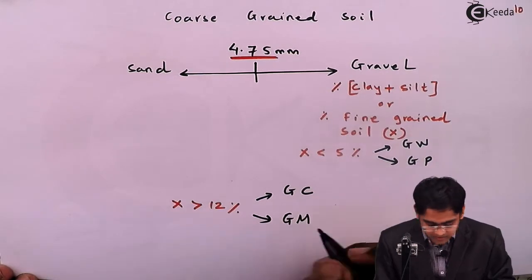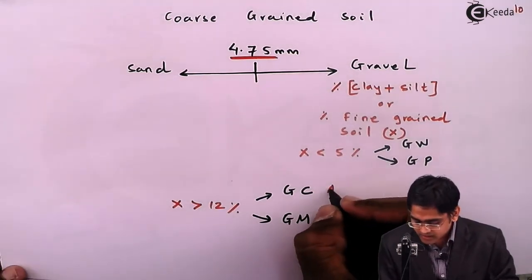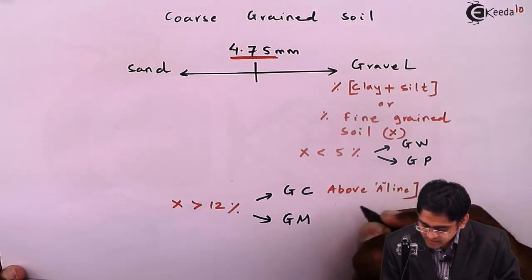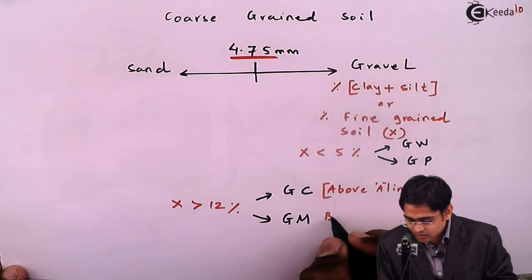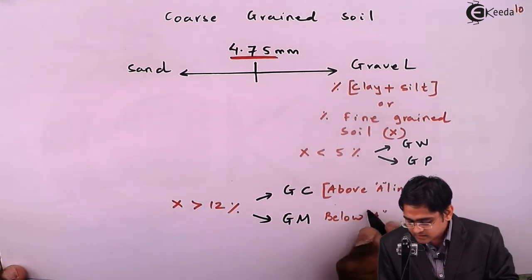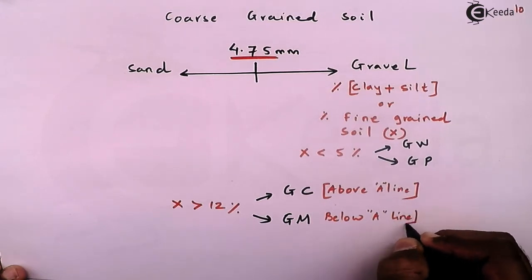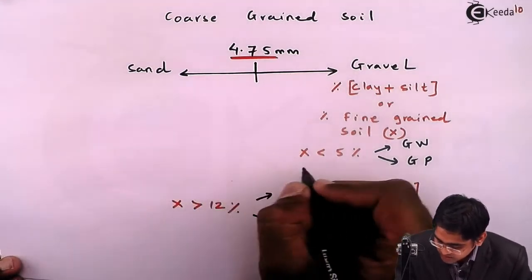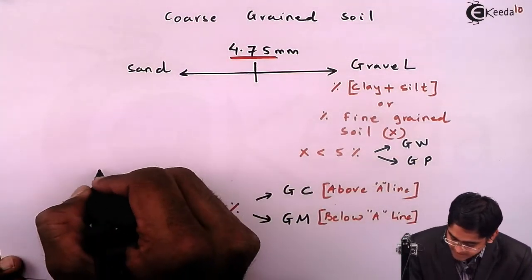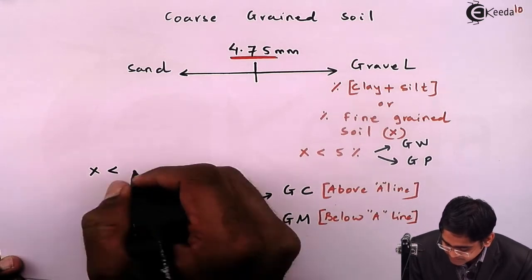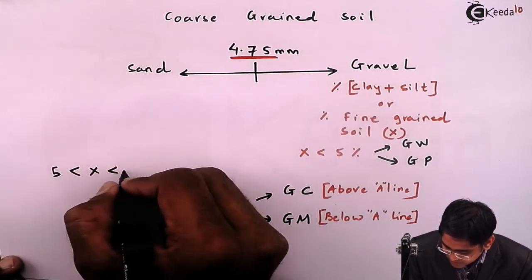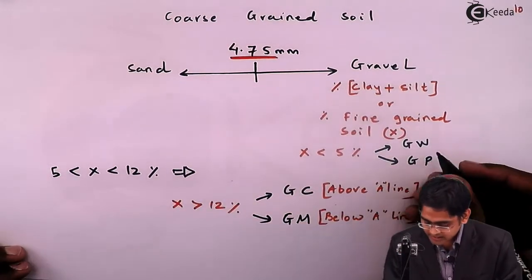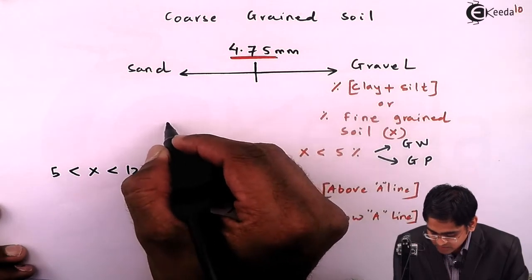Clay gravel when it plots above A line, and if it is silty, that means it plots below A line. And again, if X lies in between 5 to 12%, then you need to use a dual symbol, and it can have four symbols.